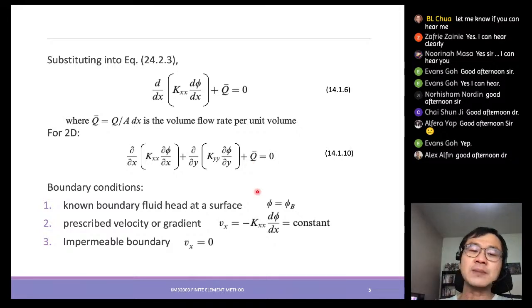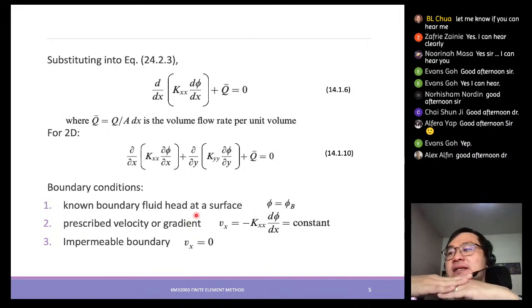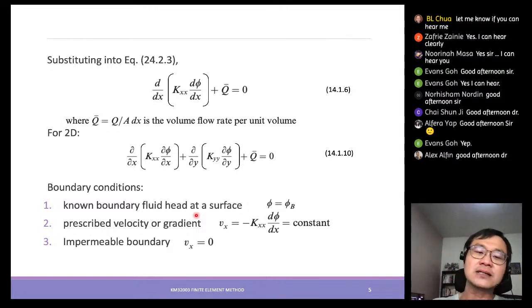Okay, so the boundary conditions that we usually apply to our systems would include, similar to the thermal applications, the known boundary fluid head at the surface. So this head actually represents the pressure. So if you know the pressure acting on the surface of maybe a pipe, then that is the known fluid head at the surface. You can set that particular surface equal to a certain pressure.